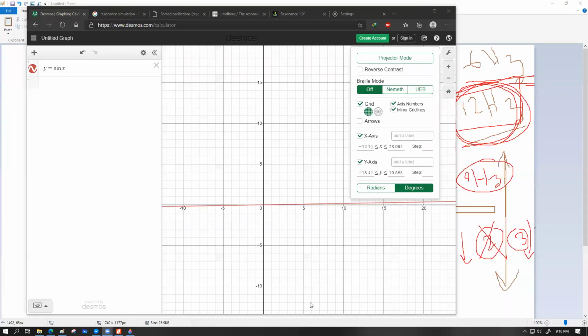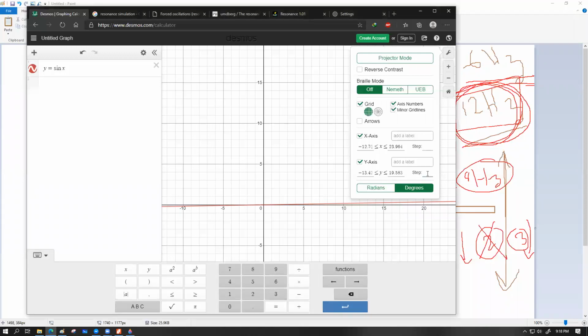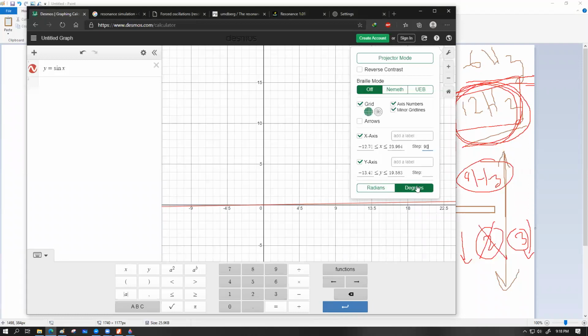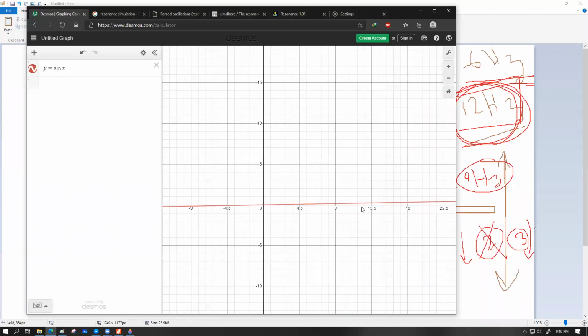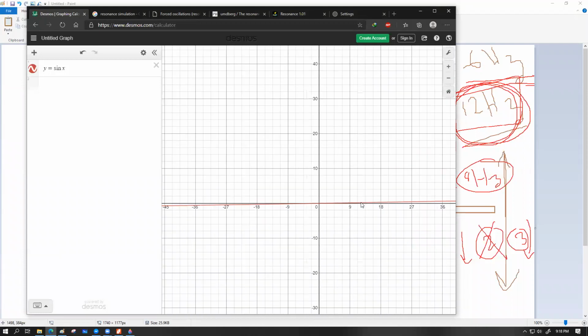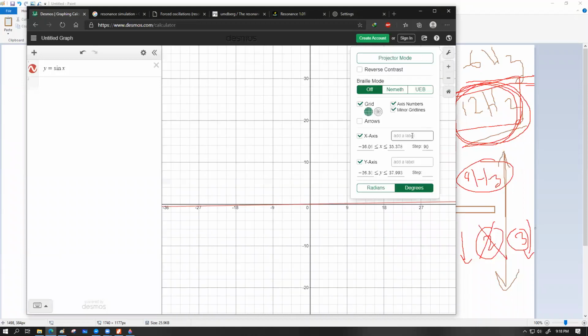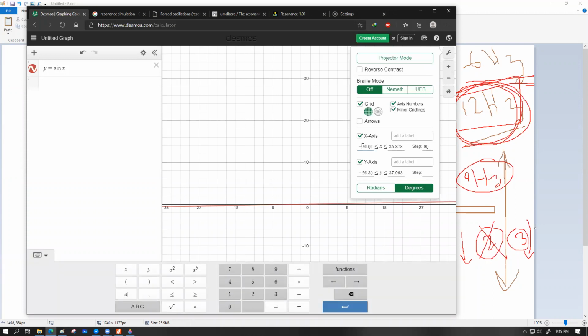Yes or no, what you asked is correct. No sir, the y-axis. Yes sir, yes. 90 then, sir. 90. You have given the step, now give the range.